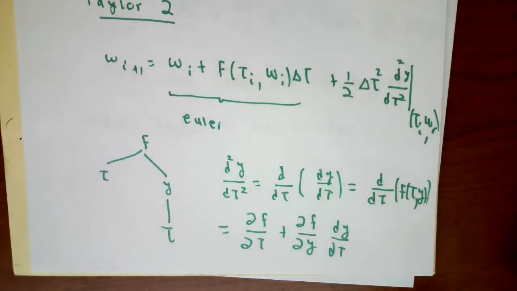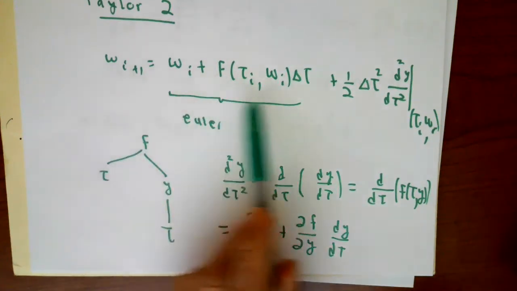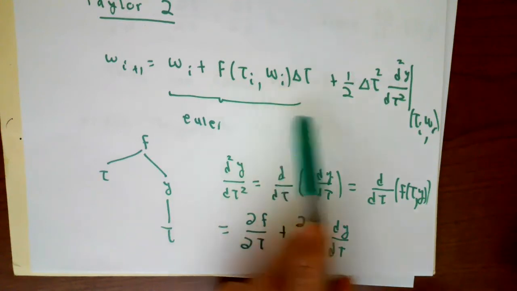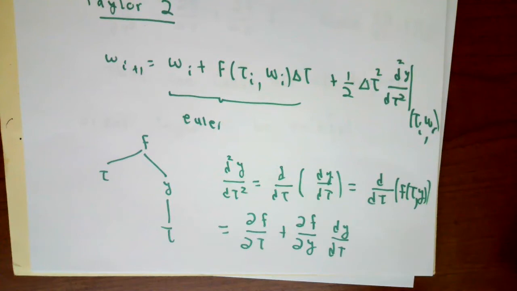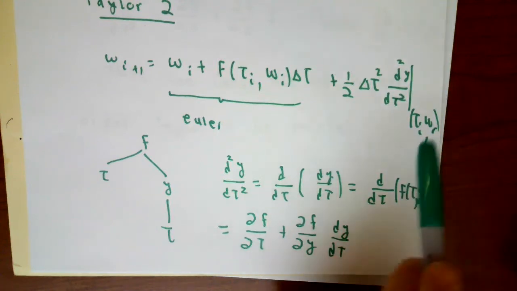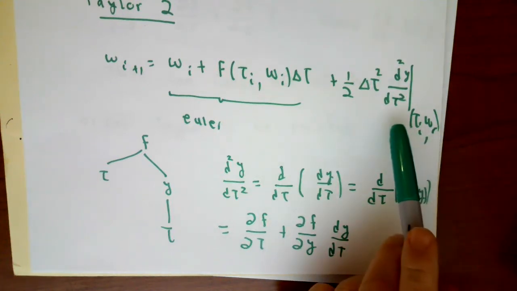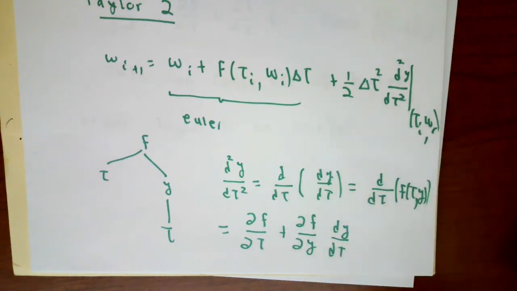In principle, it's a simple matter to write out the second order Taylor method. We include all of the terms that were in Euler, and we also include 1/2 factorial times delta t squared times the second derivative of y with respect to t evaluated at the current point ti, wi.